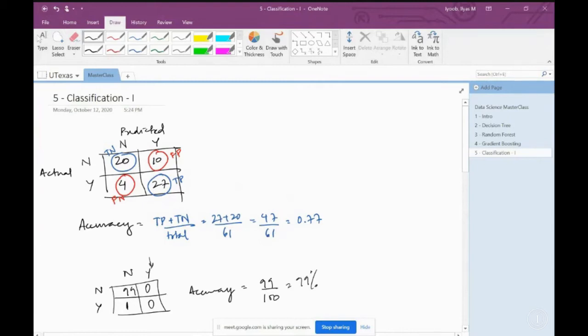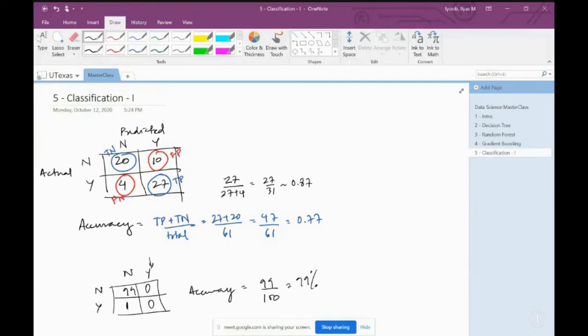So we calculated 27 divided by all the people that actually had the disease, 27 plus 4. So how many of the people that actually had the disease did we correctly predict? So this is 27 over 31, which is about 0.87, or 87%.